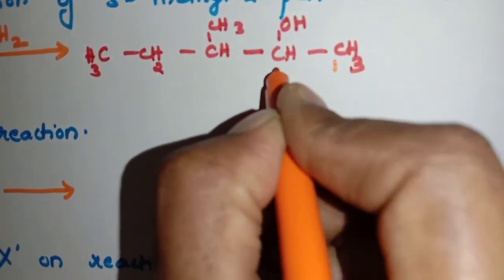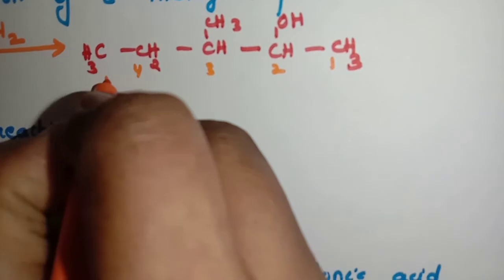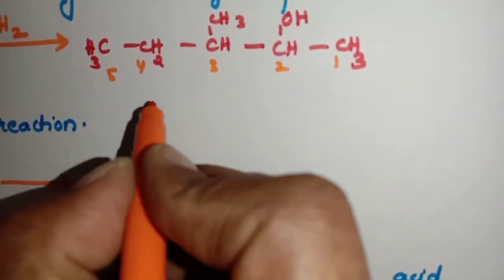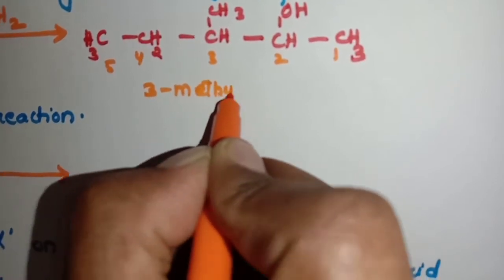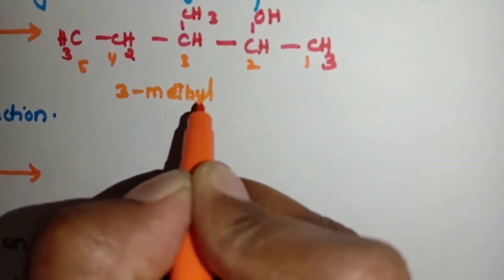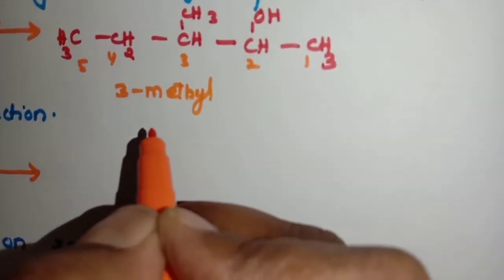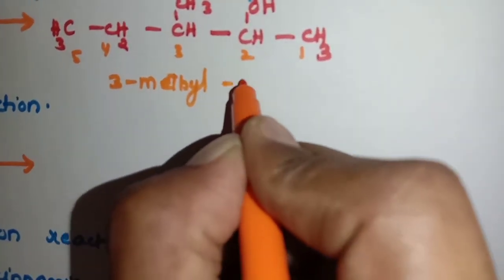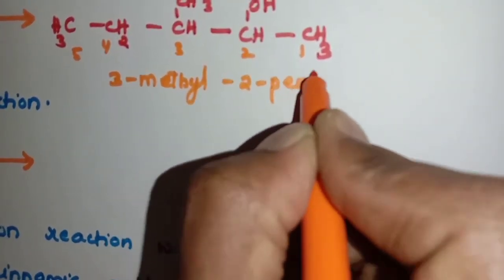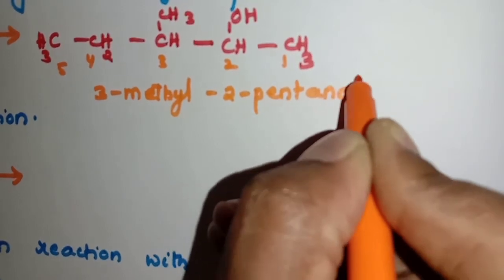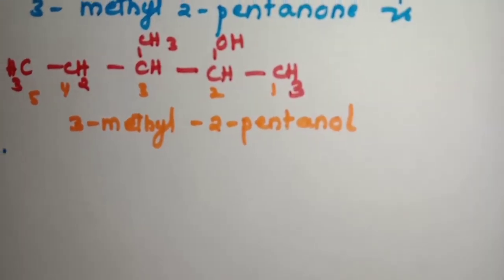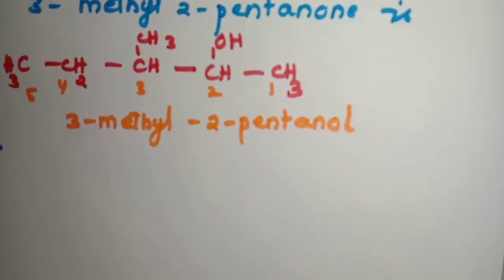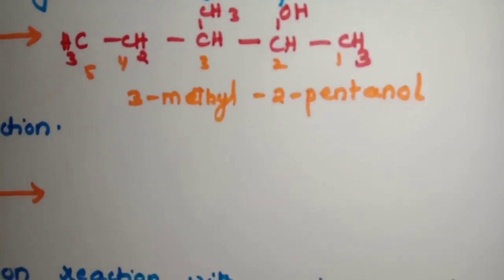On the third carbon there is a methyl group and on the second carbon there is a hydroxy group. So you can write it as 3-methyl 2-pentanol or 3-methyl 2-hydroxy pentane. Any way you write, it will be the right answer.